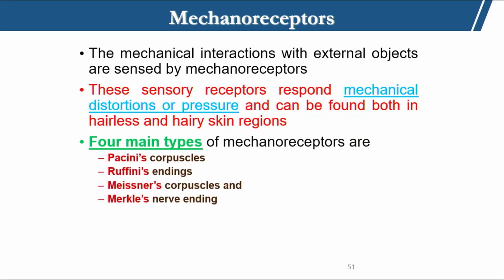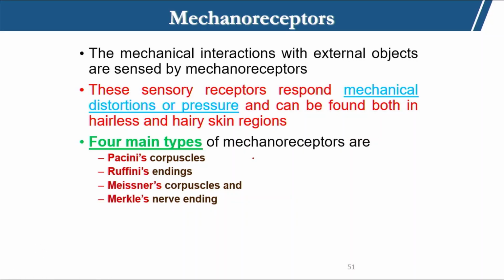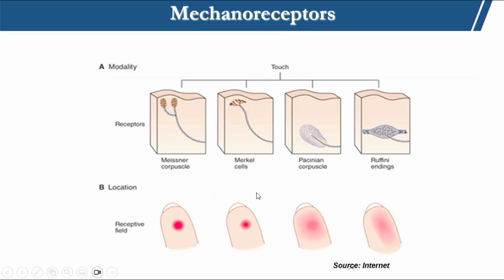Four mechanical types of sensors are there, like Pacinian corpuscle, Ruffini ending, Meissner's corpuscle, and Merkel's. These are the four major ones, but apart from these four, we have other receptors. These are the main receptors.